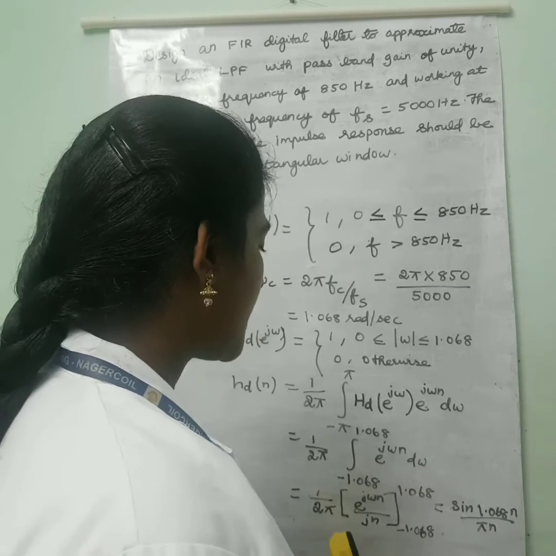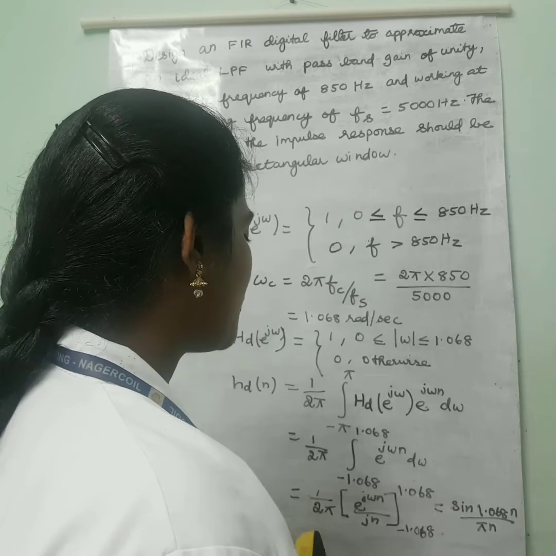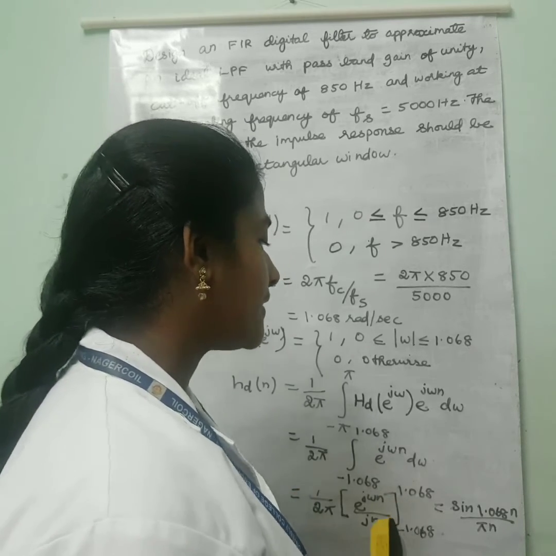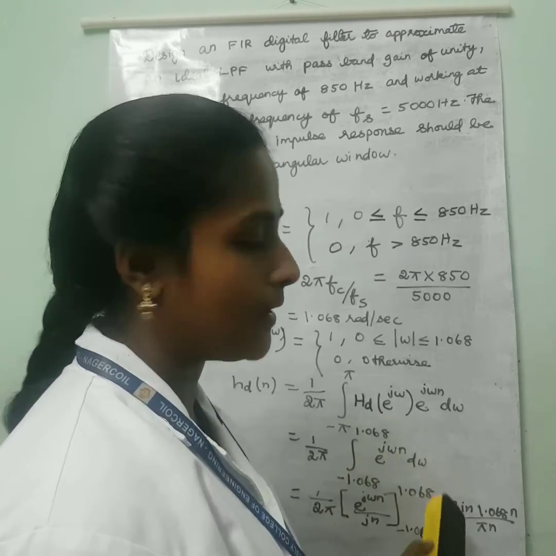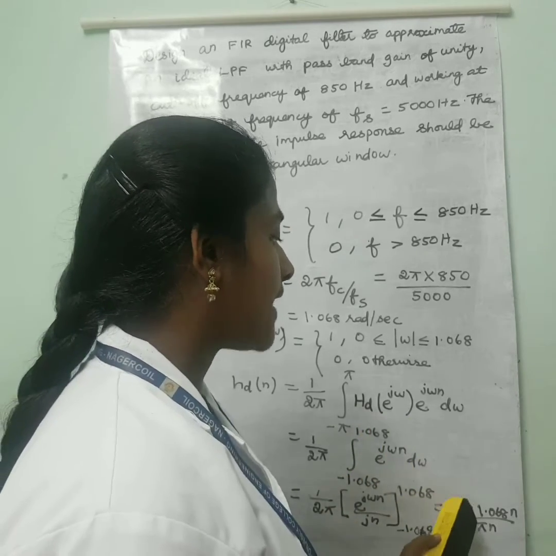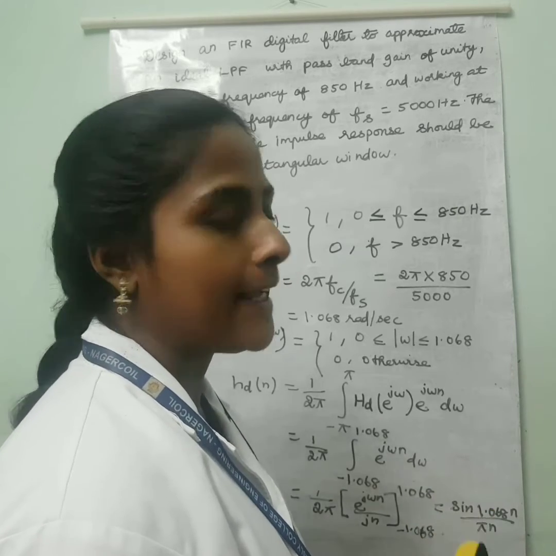Then you can integrate and substitute the limit values. You will get 1 by 2 pi n, and when substituting the limit values, you can take the form in sine form. You will get sine of 1.068 n divided by pi n.